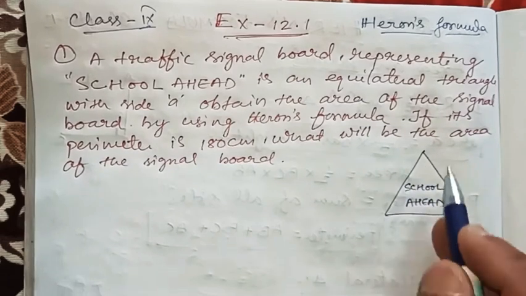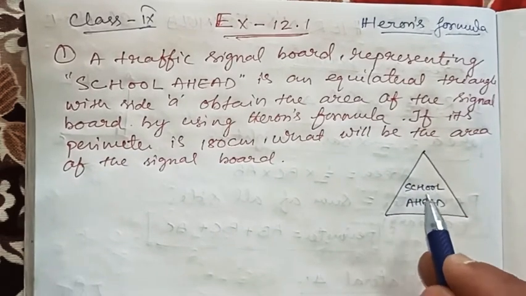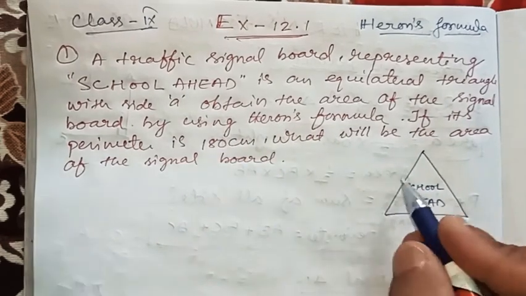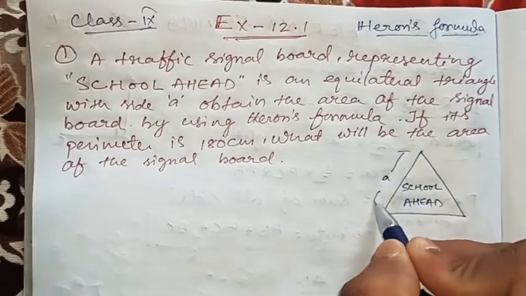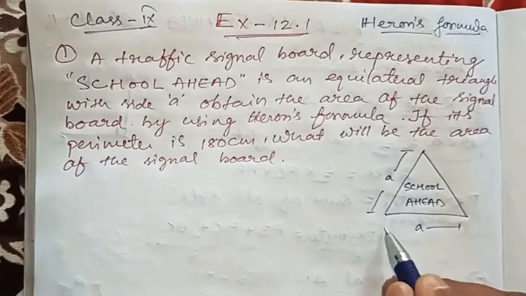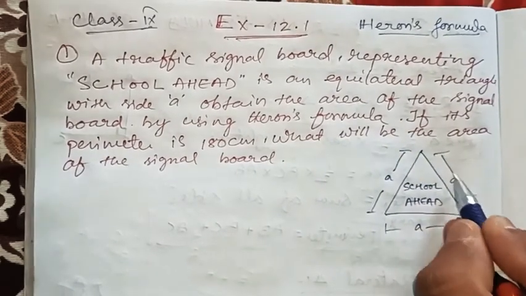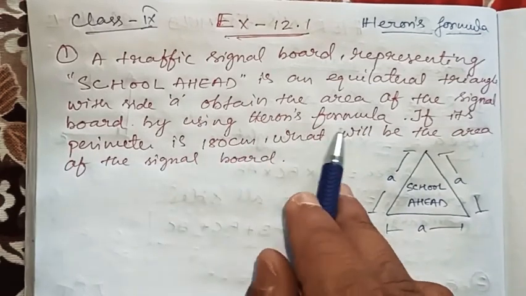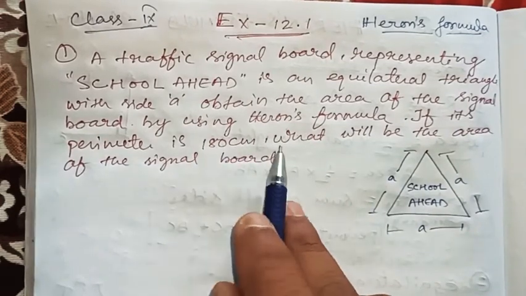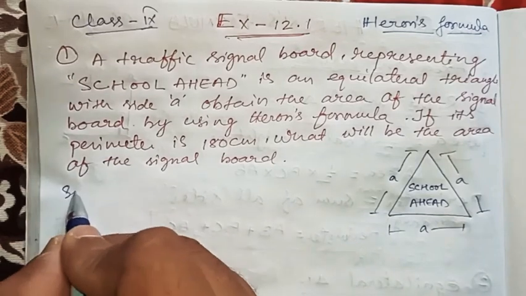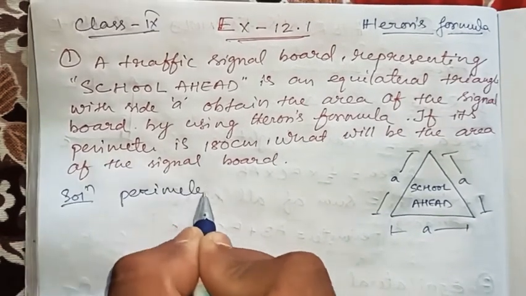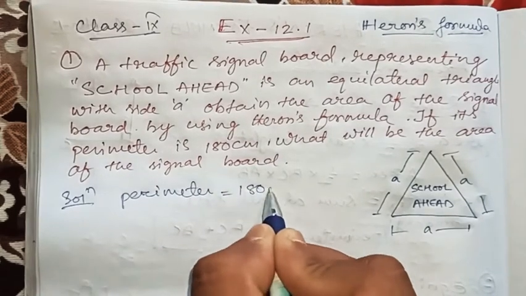This is a traffic signal board where "school ahead" is written, is an equilateral triangle with side a. The sides of the triangle are a. All the sides are equal as it is an equilateral triangle. By using Heron's formula, if its perimeter is 180 centimeter, the perimeter of the triangle is given, perimeter is 180 centimeter.